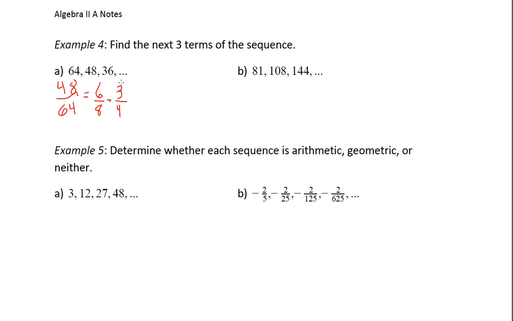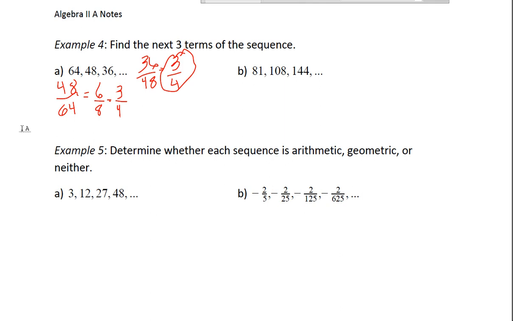Okay, 3/4. So then we have to check the next one. 36 over 48 equals, now we're divisible by 12, so 36 divided by 12 is 3, 48 divided by 12 is 4. They match. So our common ratio here is 3/4.